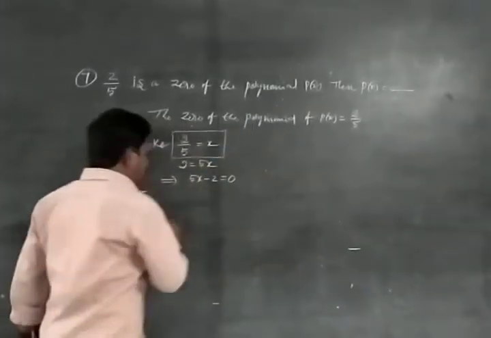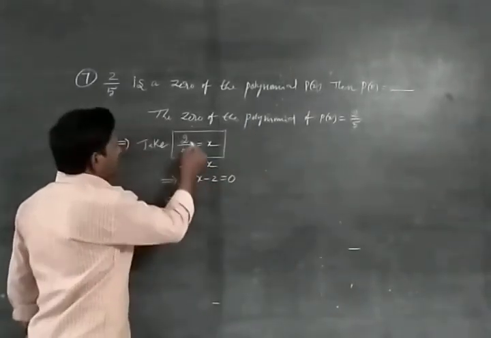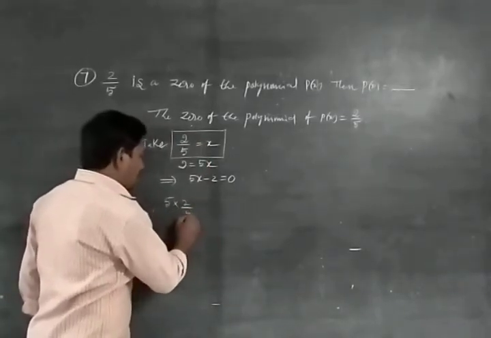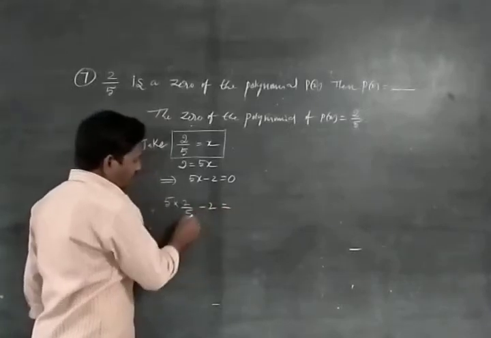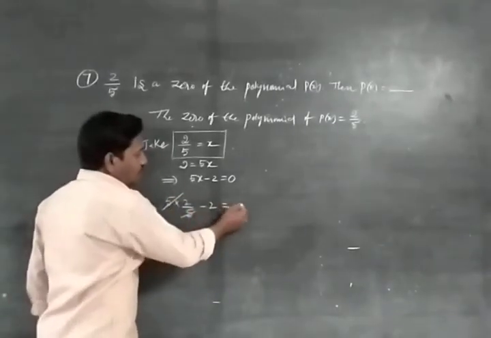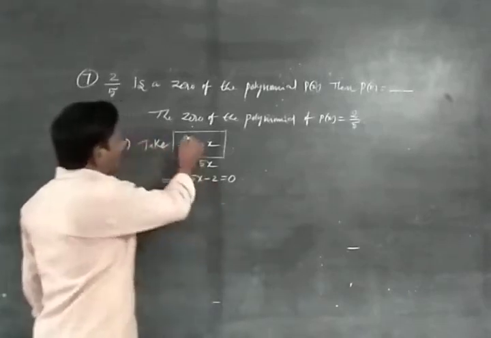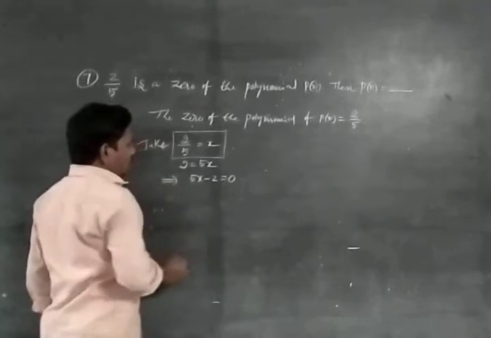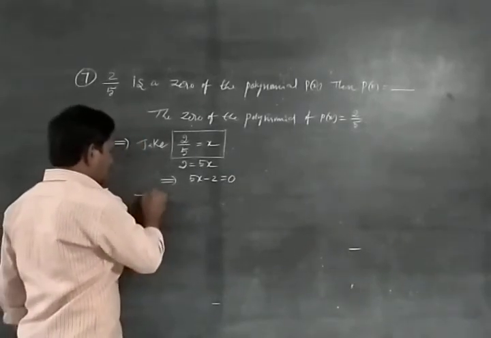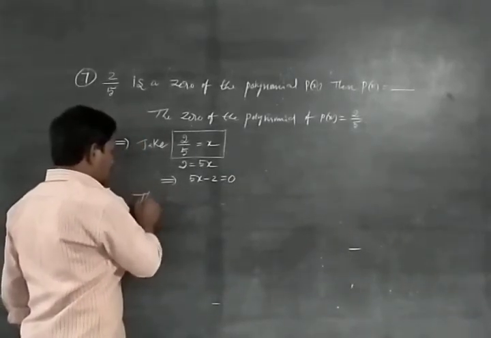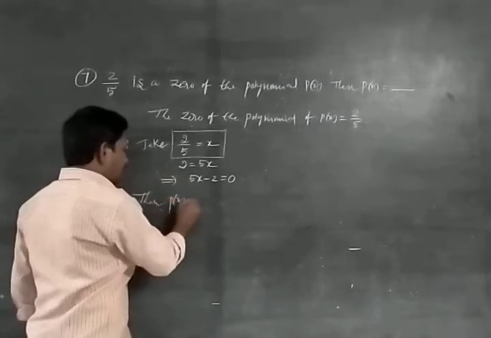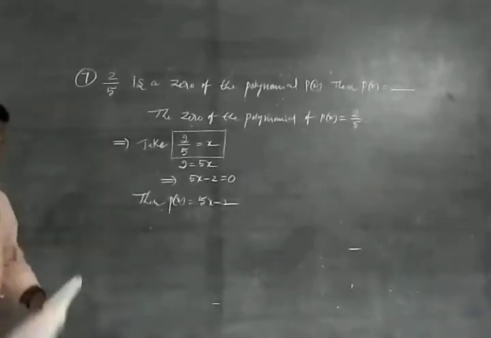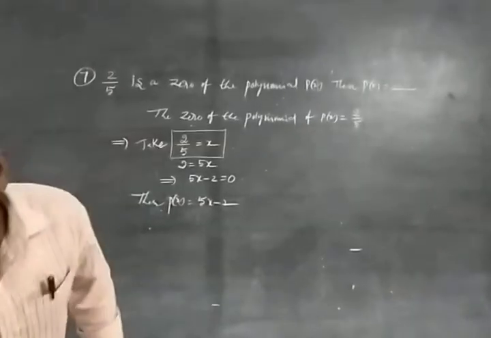Substituting the x value: 5 into 2 by 5 minus 2, 5 cancels, 2 minus 2 is 0. So p of x equal to 5x minus 2. Okay.